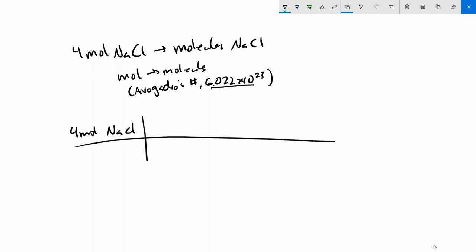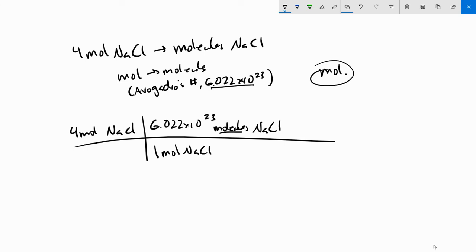Set it up. I know that 1 mole of NaCl is equal to 6.022 times 10 to the 23rd molecules of NaCl. Notice that I spell out molecules every time because I don't want you to reduce down molecules to moles, because that's going to mean something different. So we don't want to abbreviate that much.